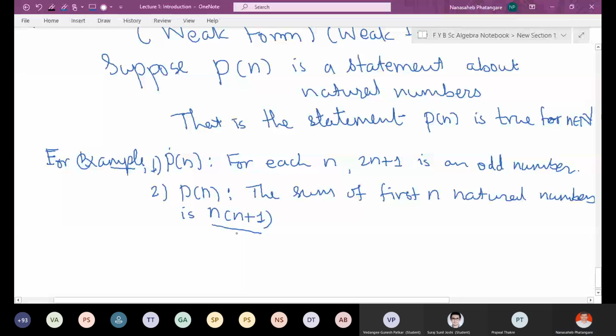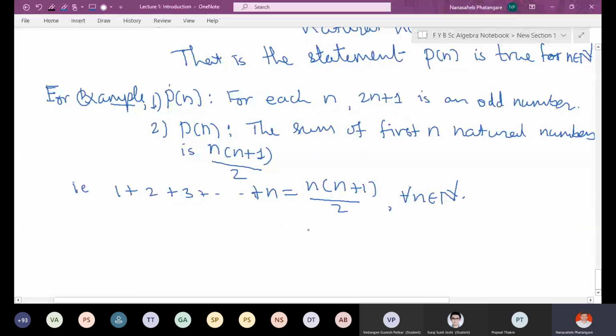That is, 1 plus 2 plus 3 plus up to n is n into n plus 1 divided by 2 for each n in natural numbers. If you take n equal to 10, the same formula is true: 10 into 10 plus 1, 11, divided by 2. That is the sum of the first 10 natural numbers. What is the sum of the first 50 natural numbers? What is the sum of the first 100 natural numbers? That is possible for any natural number.